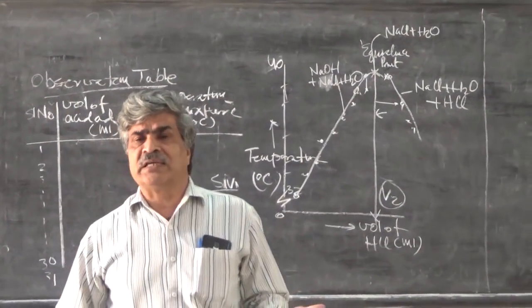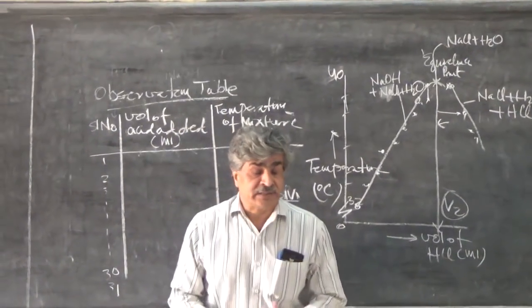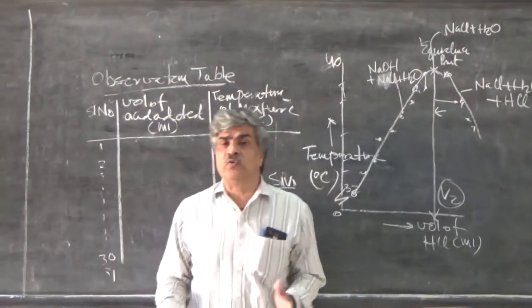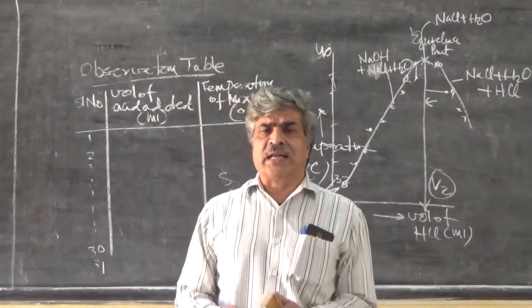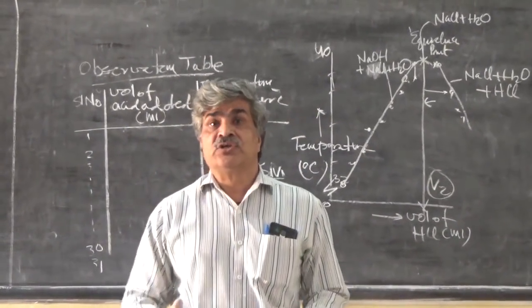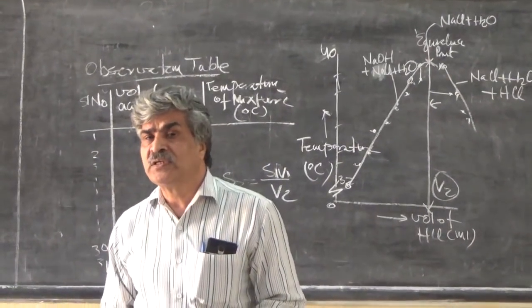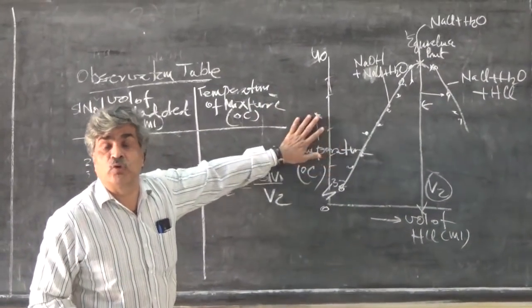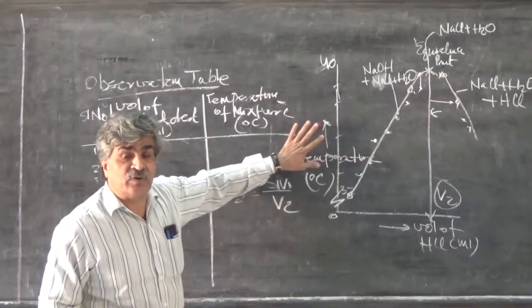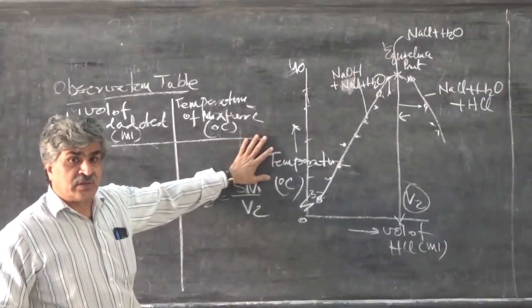Because all the effluents which you encounter in industry are not colorless, they have some color. So you cannot use the endpoint method, so you have to rely on one of those other methods. So this is one merit or advantage of this experiment, that we can analyze colored solutions.